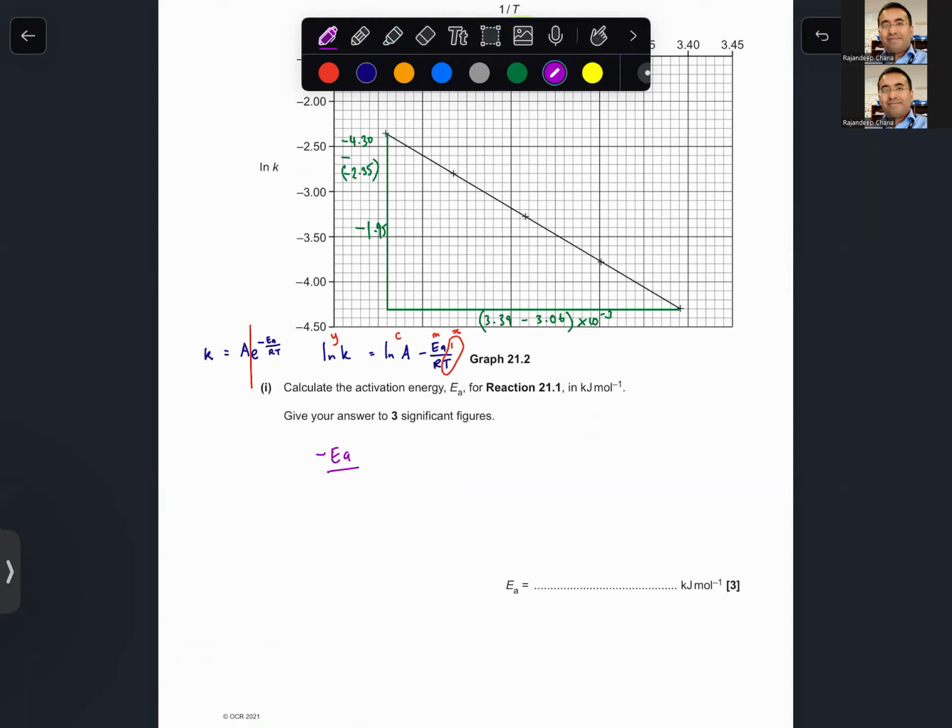Minus EA over R is the gradient, which will then be Y over X. 3.39 minus 3.06, 10 to the minus 3.